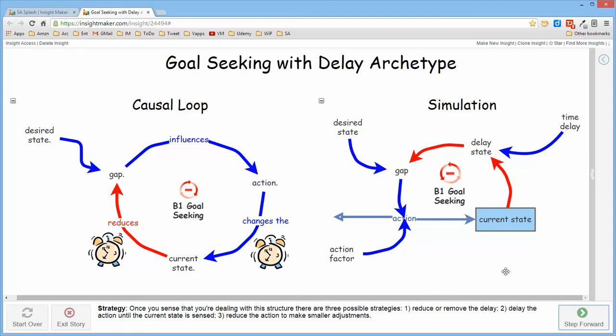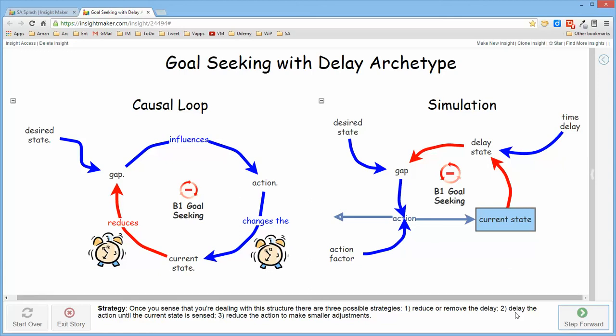If you're dealing with a situation where you can, in fact, get closer to sensing what the current state is after the action's taken, you can cut the delay out of the system. Though, in the case of the Mars rover that I talked about a moment ago, there's no way to cut the delay out of the equation because it's the nature of the physics of the structure itself.